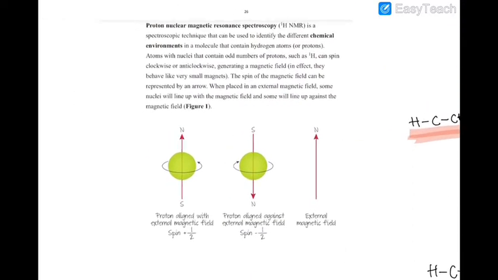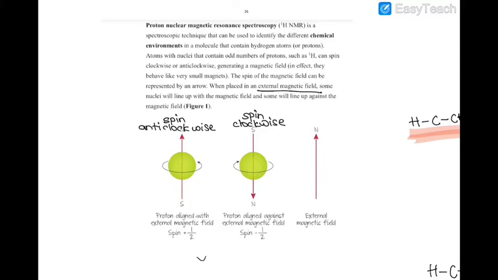So what happens is that the protons, the H1 protons, they can spin clockwise or they can spin anti-clockwise. Now, if you apply that molecule to an external magnetic field, the proton spinning anti-clockwise will produce a magnetic field. The proton spinning clockwise will also produce a magnetic field. But these 2 magnetic fields will align differently to the external magnetic field.